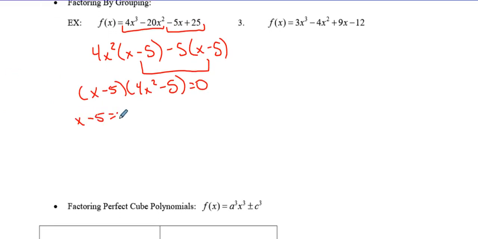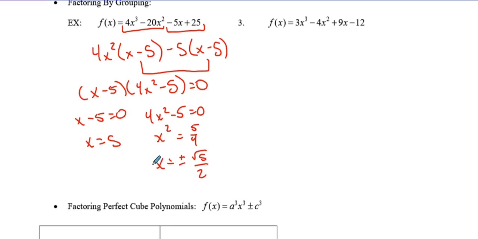x minus 5 equals 0. 4x squared minus 5 equals 0. x equals 5. x squared equals 5 over 4. So x equals plus minus square root of 5 over 2. So hopefully you've done enough work with radicals to know how 5 over 4 becomes square root of 5 over 2.